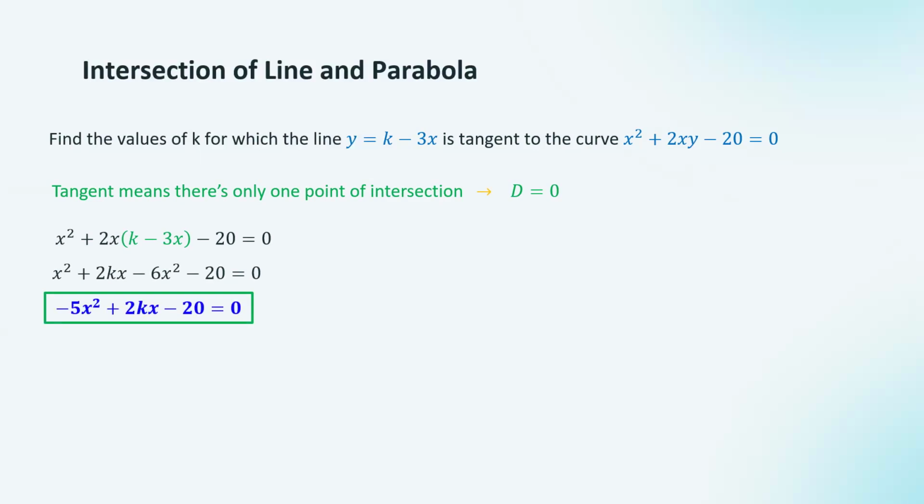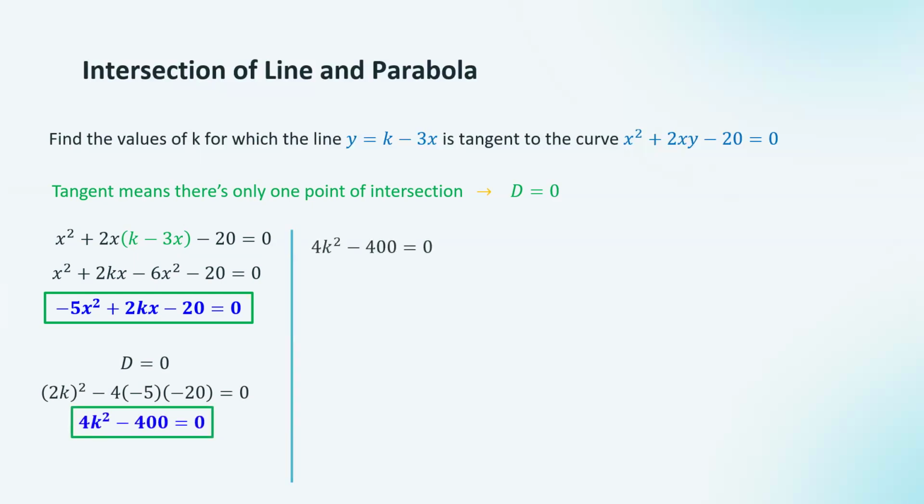As you can see in the problem, we want to find k such that the line is tangent to the curve. Tangent means there's only one point of intersection, which means the discriminant is 0. We apply the discriminant to this quadratic equation, input the a, b, c values, and we get ourselves an equation to find the k. We simplify this, and we get that k should be 10 or negative 10.